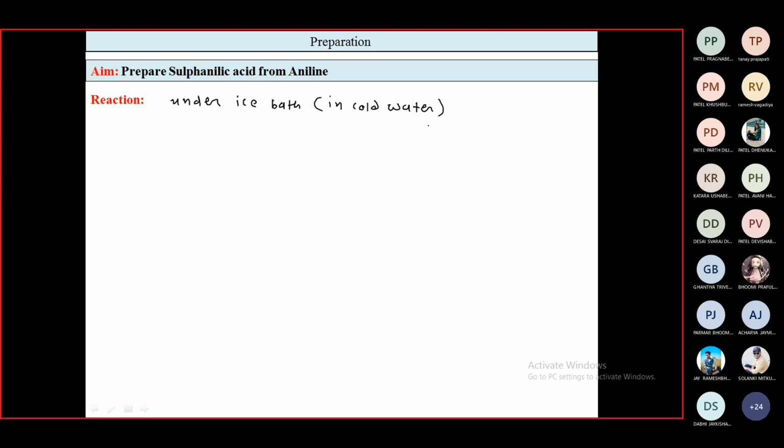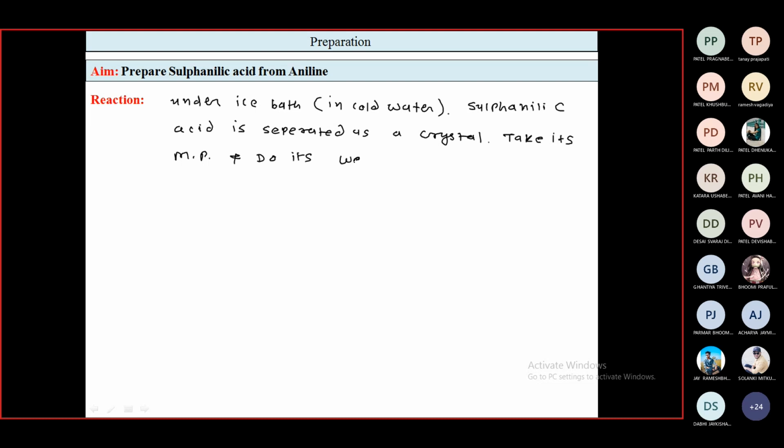Take its melting point and weigh it for the theoretical yield.